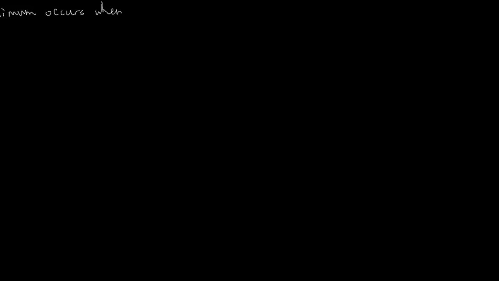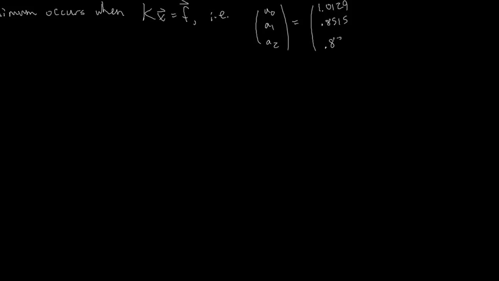Well, where does that minimum occur? Exactly when Kx equals f, which means, again, you're just doing Gaussian elimination. You're just trying to row reduce. Let's see if we can write it out. So if you row reduce that system of equations, you'll find that the coefficients of your quadratic are these, 1.01, 0.85, and 0.84.